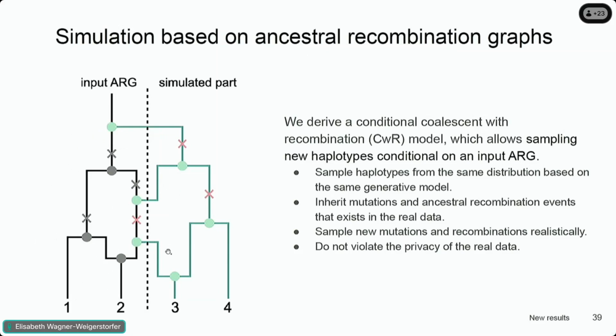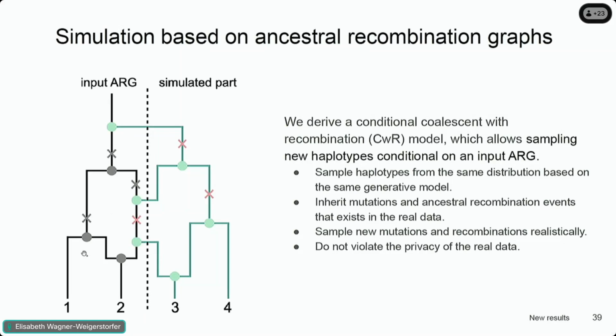Conditional on this input ARG, he simulates some new samples and threads these new samples into the input ARG. These new samples inherit mutations, recombination, and coalescence from the input ARG, but they also have their own new structure.